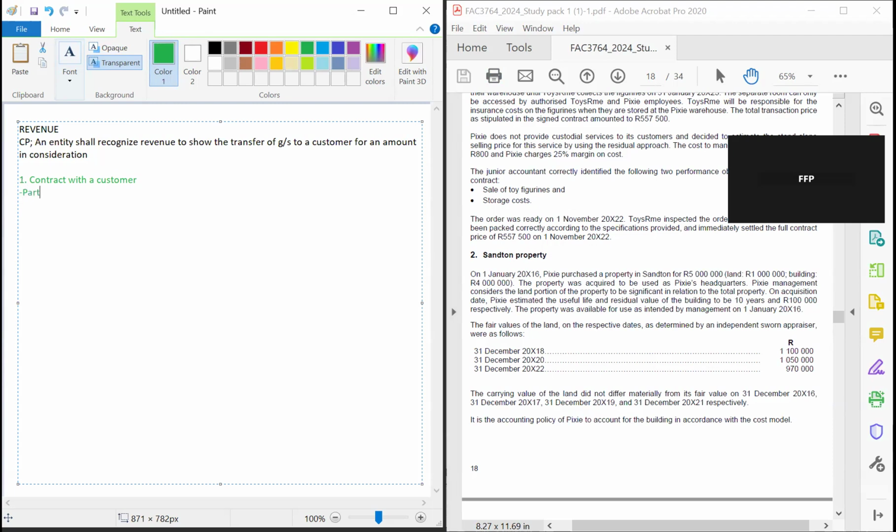So you have to check whether the parties are committed and approved the contract, right? And then what you could also check is that both parties can identify their rights and obligations, right? Obviously, the right of the seller.